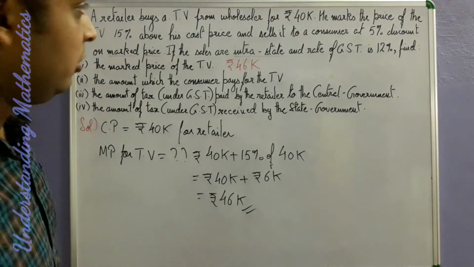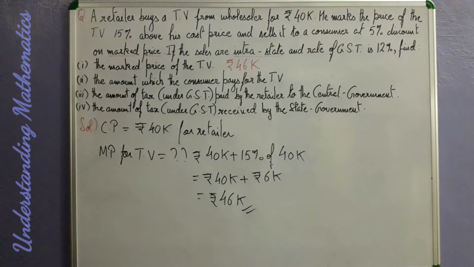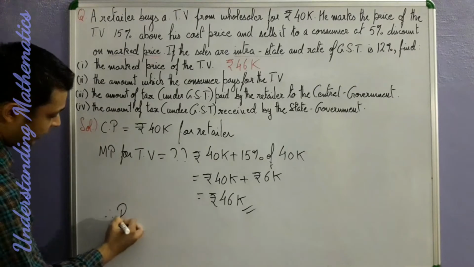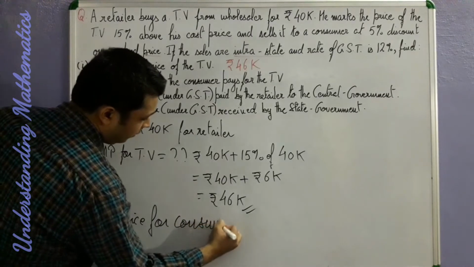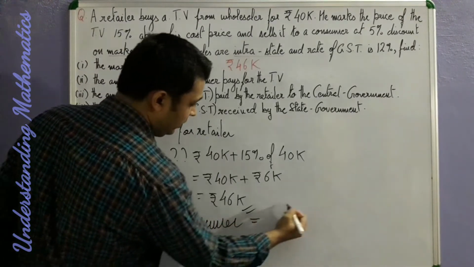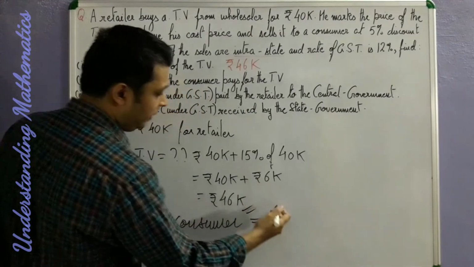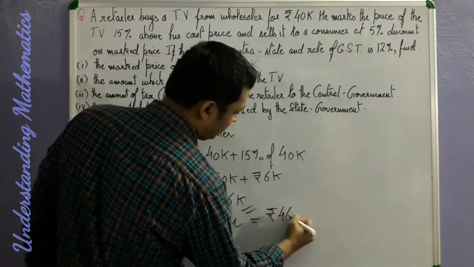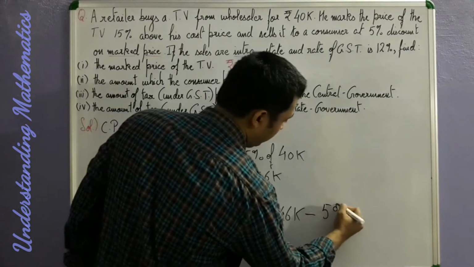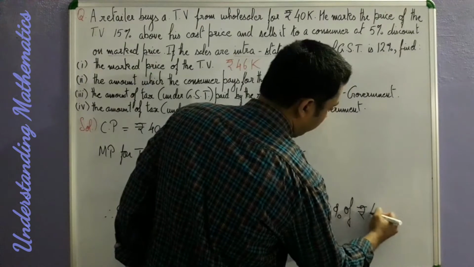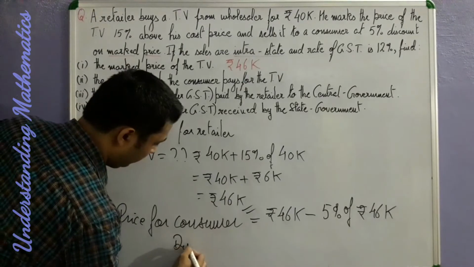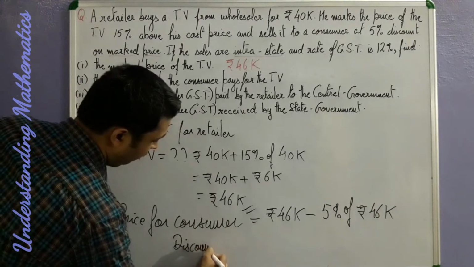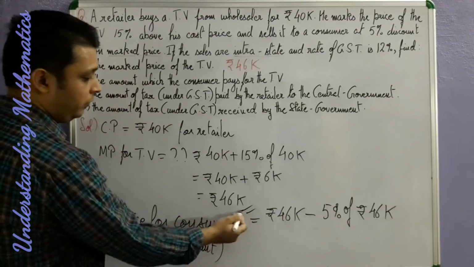Now what is the next part? He sells it to a consumer at a discount of 5% on the mark price. So the price for the consumer is how much? 46,000 was the mark price, so it will be rupees 46,000 minus 5% of rupees 46,000. I hope you understand this, because this is the discount. That means some amount of money is reduced from the mark price of the TV.